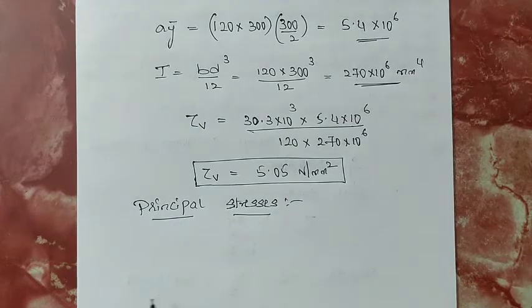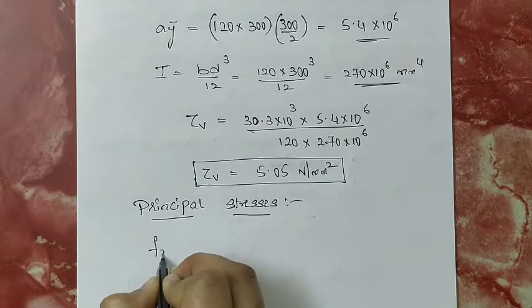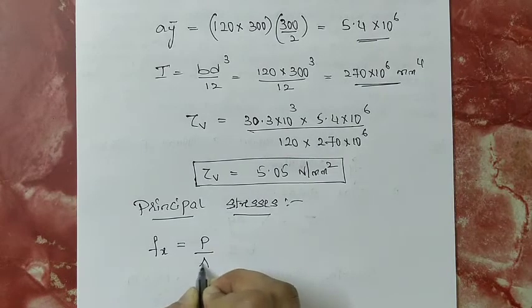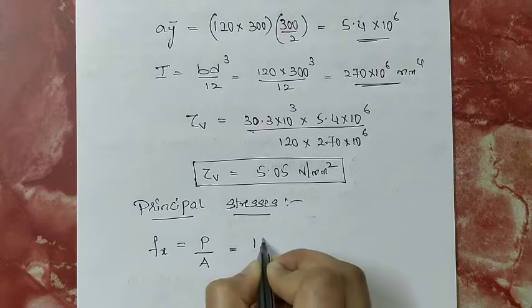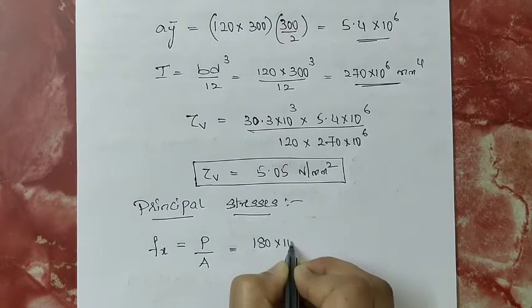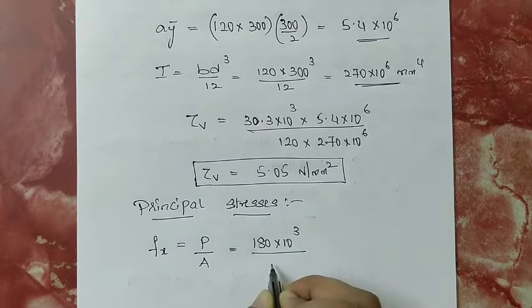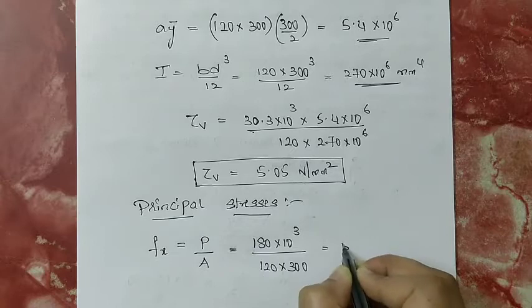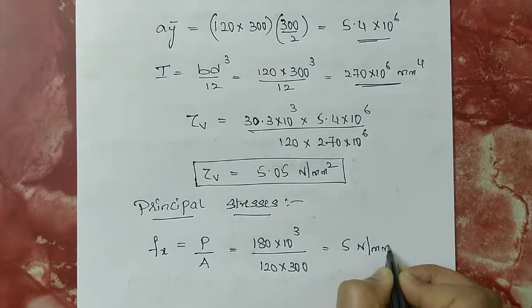Principal stresses. In order to calculate that, first you calculate f of x. It is given by load by area or the force by area. Pre-stressing force they have given 180 kilonewton, 180 into 10 to the power of 3 into area, it is 120 by 300. You will get it as 5 Newton per mm square.